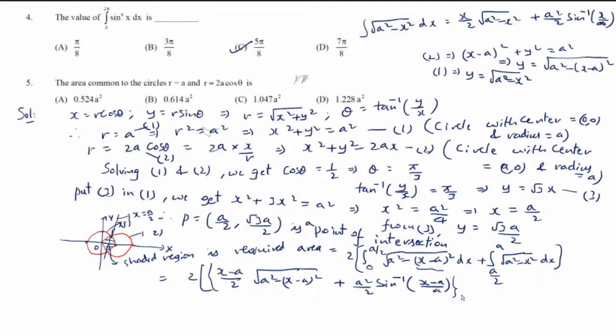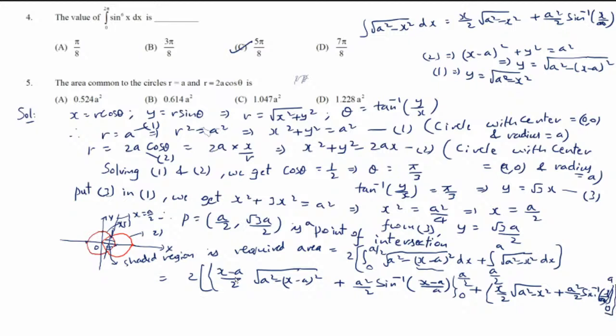0 to a by 2, plus, that is originally given, x by 2 root over a square minus x square plus a square by 2 sine inverse x by a between the limits 0 to a, and the main square bracket simplifies.